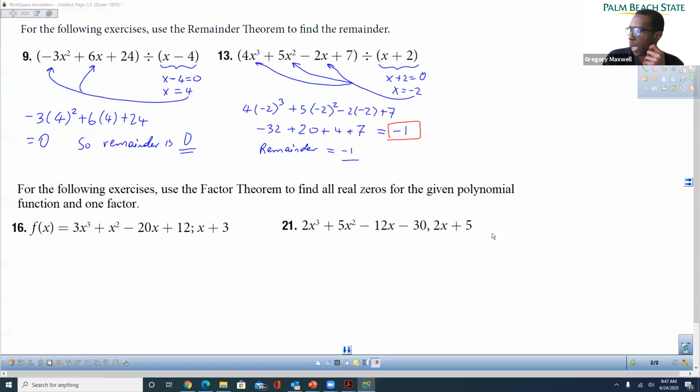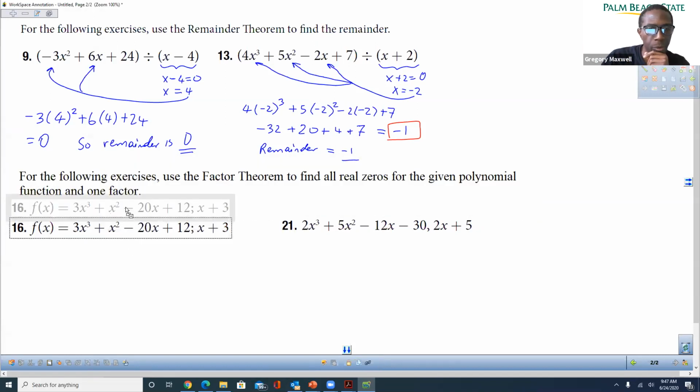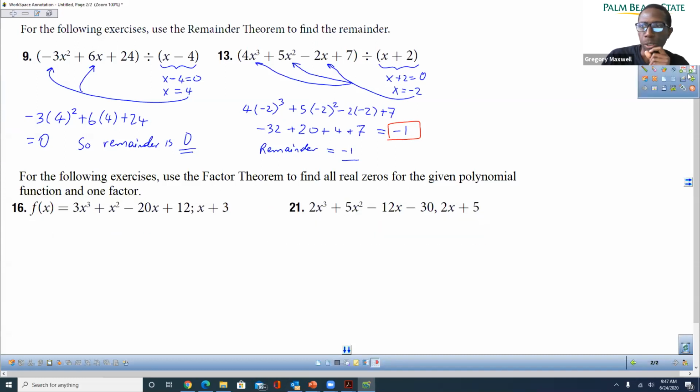So I switched out number 19 and put number 21 instead so that we can have a little bit of variety in our examples, okay? So the instructions are, you're given one factor, use the factor theorem to find the other factors, okay? Now what we're going to first do is verify that we're working with factors by just plugging in the number and verifying that that's what we have.